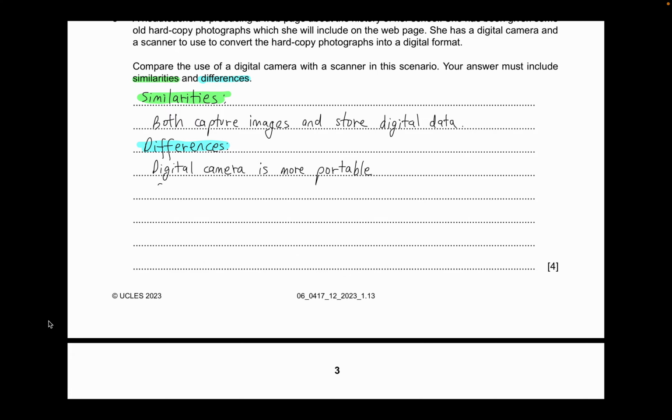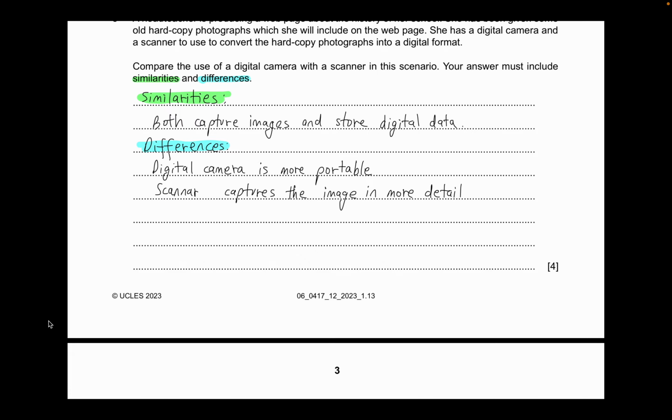So you can mention that a scanner captures the image in more detail. Okay, now these are 4 marks, these are 4 points.